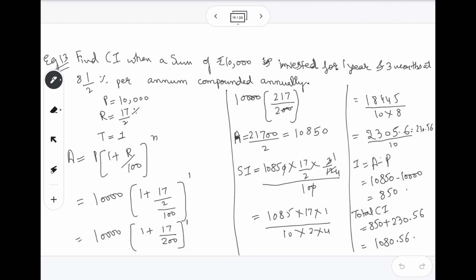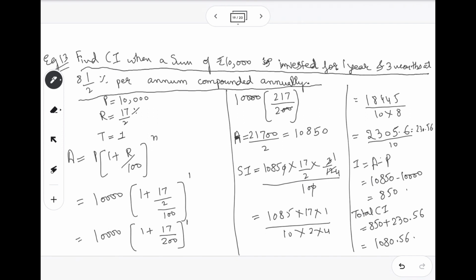Let's solve more examples. It says find compound interest when a sum of rupees 10,000 is invested for 1 year and 3 months at 8.5% compounded annually. So this is one of the important questions, as it is the application of both compound as well as simple interest combination.